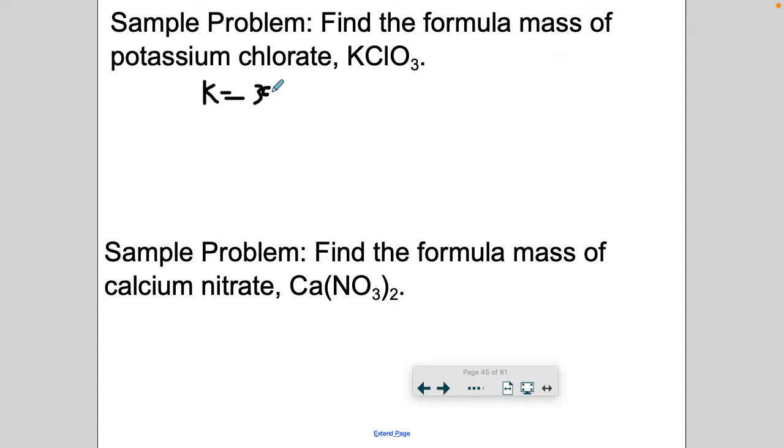And then chlorine, 35.45. I have that one memorized. And then 3 oxygen. So then oxygen, there's 3 of them. So I'm going to say 3 times 15.99. I'm just going to stop at 99.